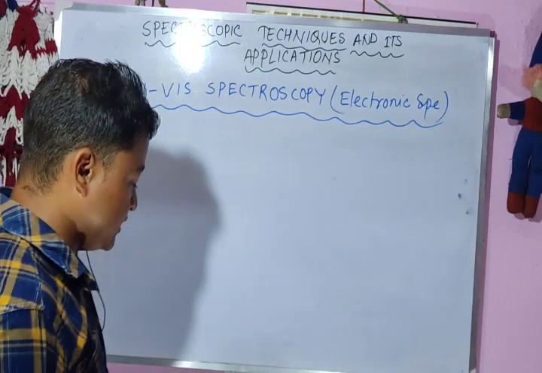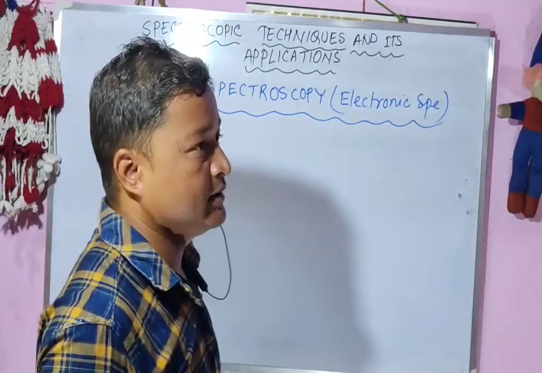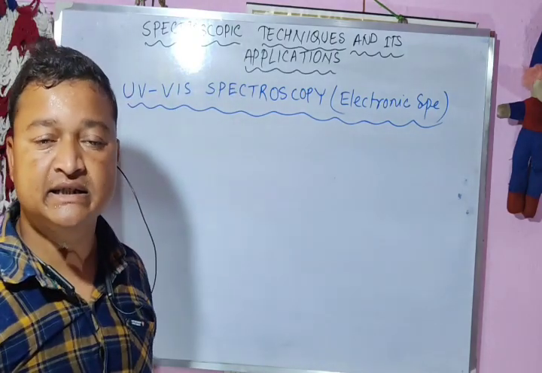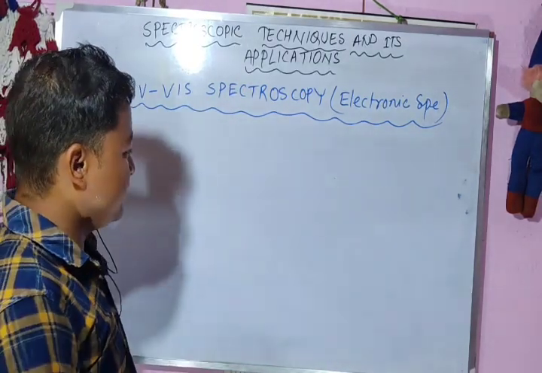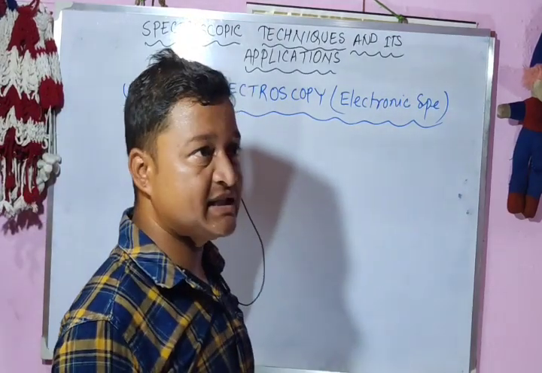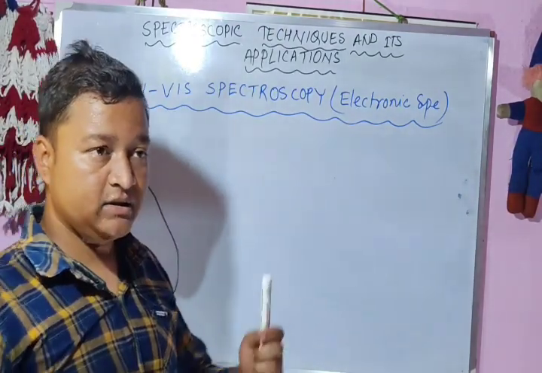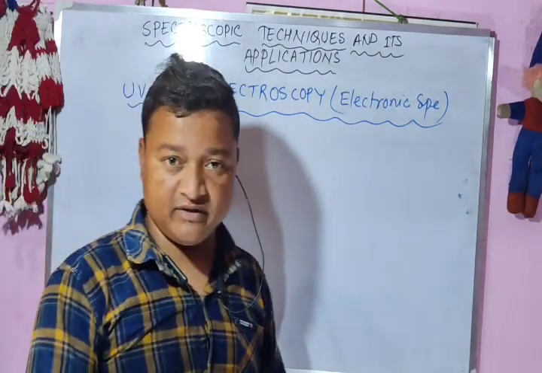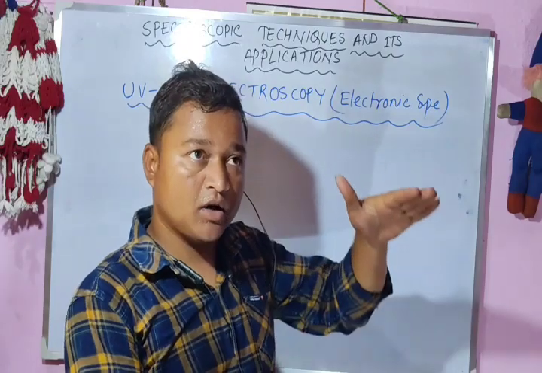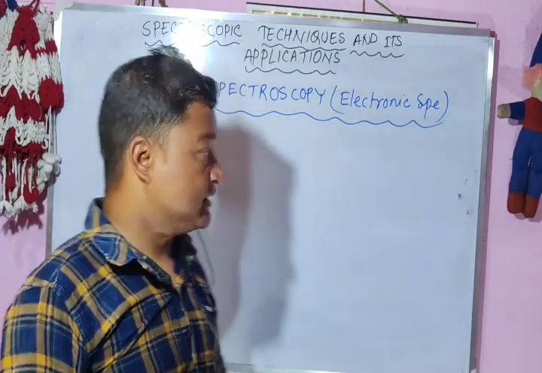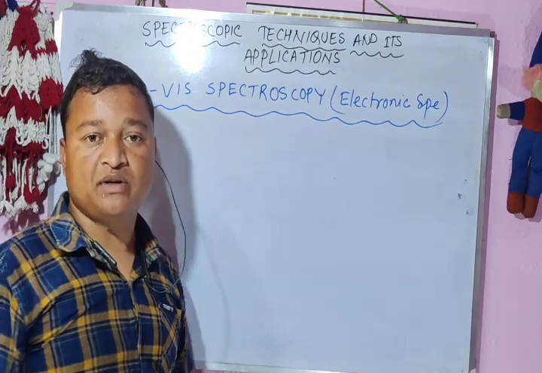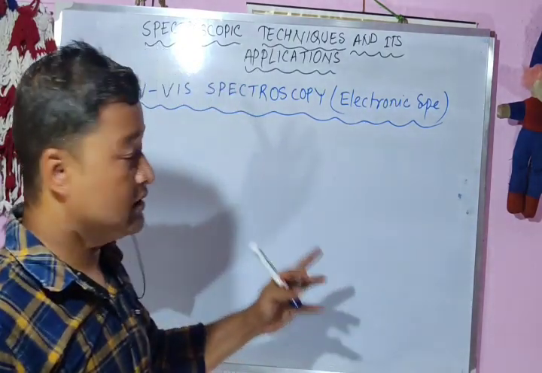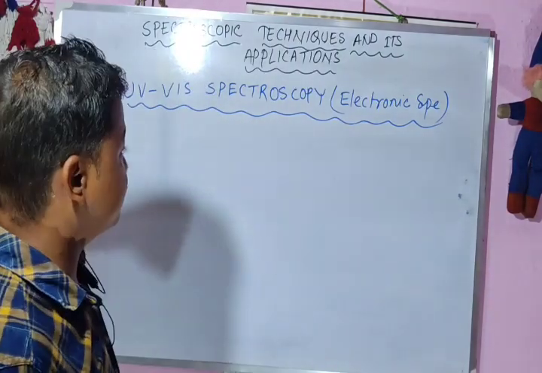Here the matter at first absorbs light from the electromagnetic spectrum, and when the frequency of this light matches the difference between two electronic levels, then the electron jumps from the ground state to a higher energy state. This is the main theory of electronic spectroscopy.